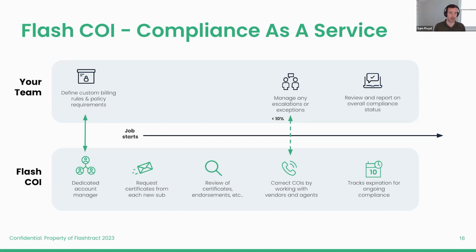As you write those contracts, as those are awarded, you then pass on those policy requirements for that project, that contract, or that specific sub individually, and we would maintain that and make sure that any certificates that are then created and added in the system line up and meet those requirements that are laid out.